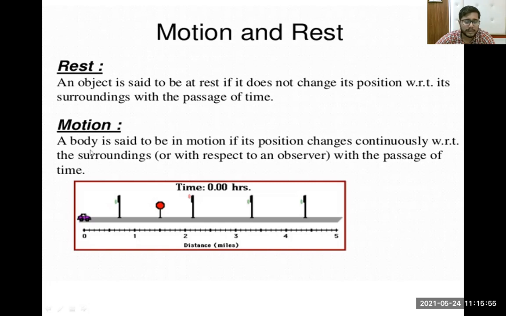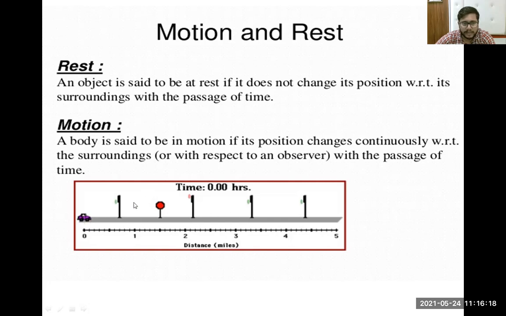What is motion? A body is said to be in motion if its position changes continuously with respect to the surrounding, or with respect to an observer, with the passage of time. You can see in the diagram here, this is the x-axis, we have a car, and this car is traveling on the road.